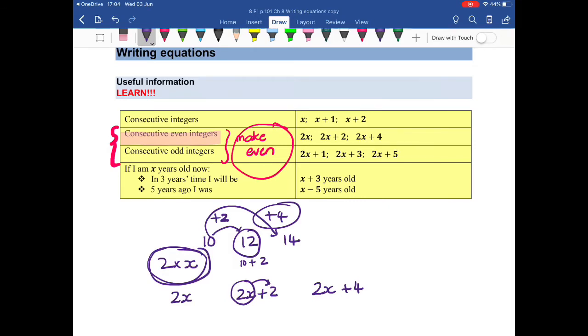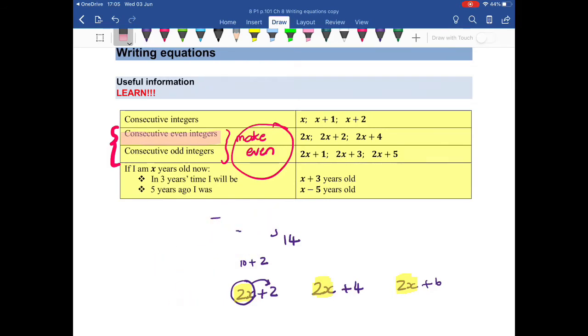And if I had to look for the next one, it would be 2x plus 6. So we are always working from the first number, which is 2x. And in each of these cases, it's 2x, and then I'm going to add 2, 4, 6, and so on. Okay, so now if I look at the odd numbers, remember what I said to you? We're first going to make it even.